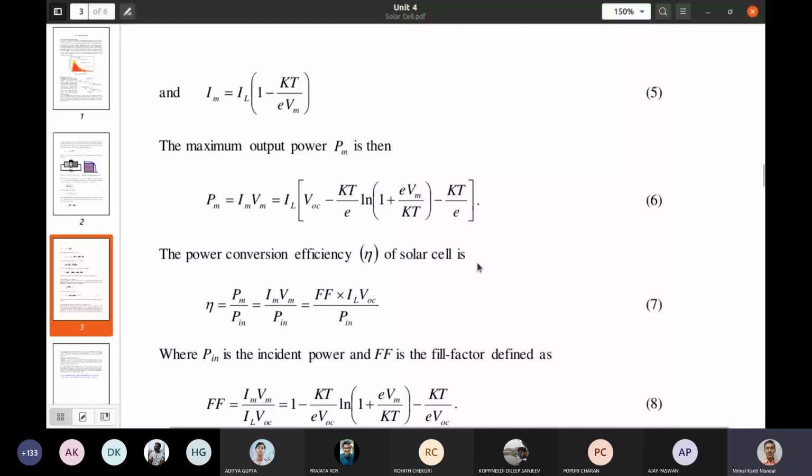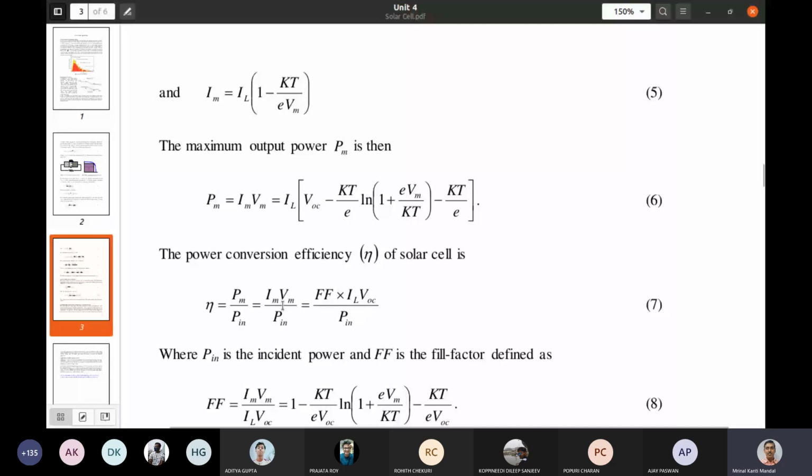And from this maximum power we can calculate the conversion efficiency of the cell. Conversion efficiency eta is equal to PM divided by P in, that is maximum output power divided by input, where the input is the incident optical energy. That is Imax into Vmax divided by P in.